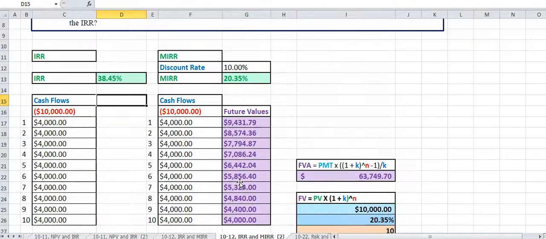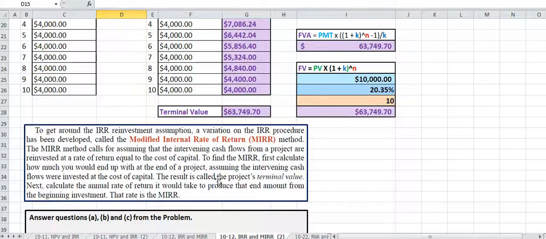So we're going to reinvest over here at 10% versus 38.5% over here. The result is called the project's terminal value. Next, we calculate the annual rate of return it would take to produce that end amount from the beginning investment. That rate is the modified internal rate of return.